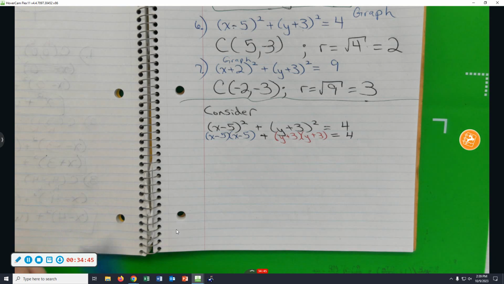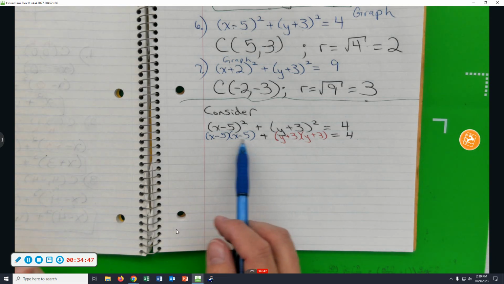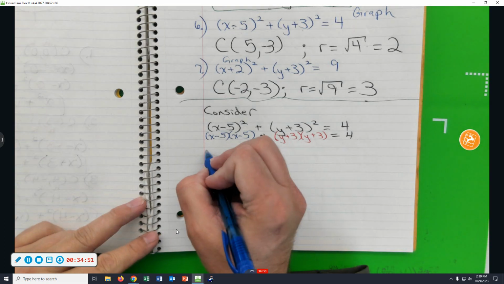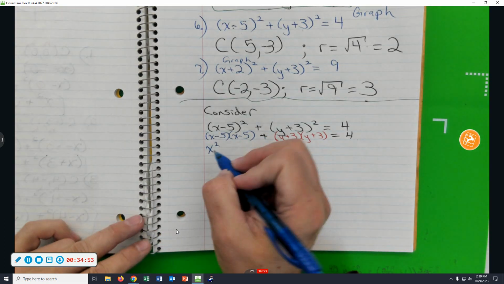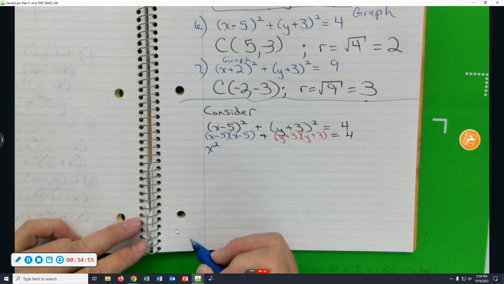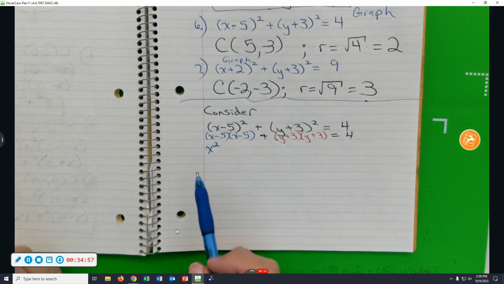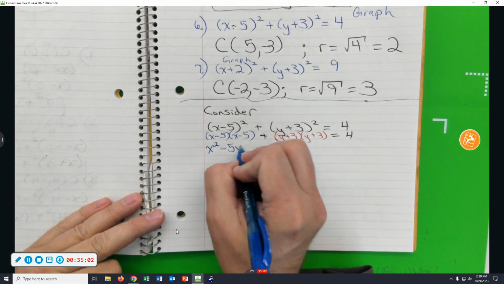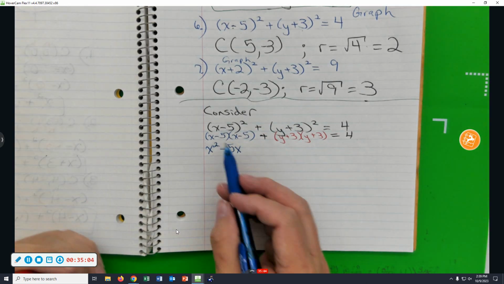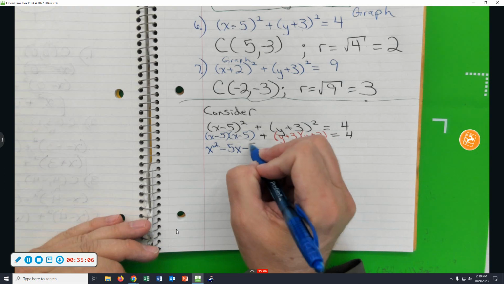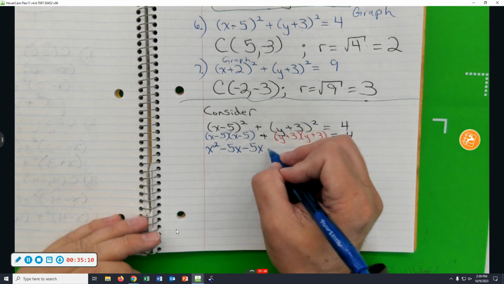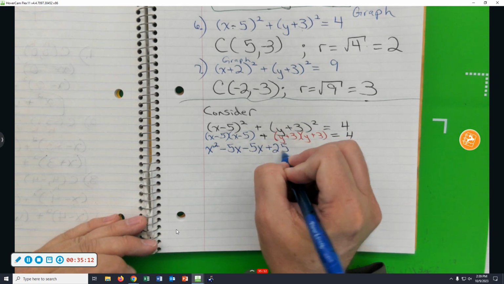Let's FOIL out the stuff with the x minus 5s. First, x times x is x squared. Outer, minus 5x. Inner, another minus 5x. And negative 5 times negative 5, that's a positive 25.